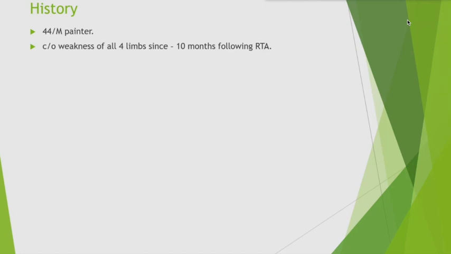For example, stroke causing hemiplegia. Lower limbs paralyzed is called paraplegia. All the four limbs is called quadriplegia. One limb alone is called monoplegia. And diplegia, both the upper limbs are affected.